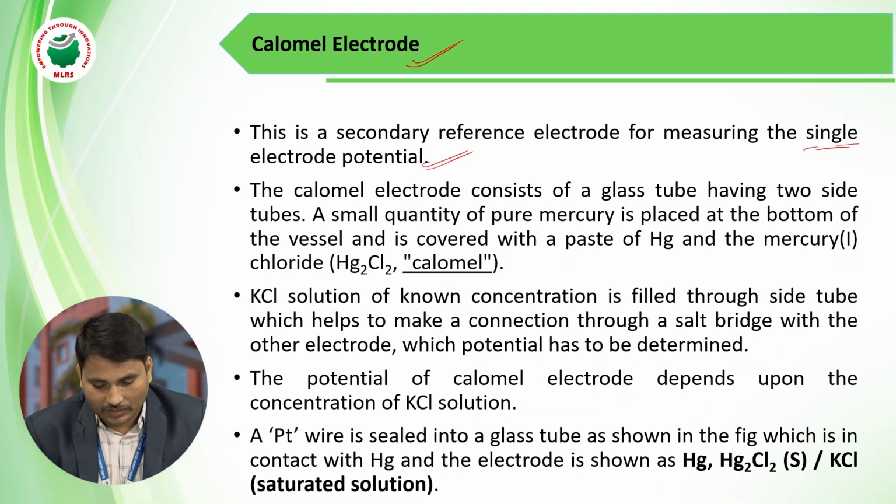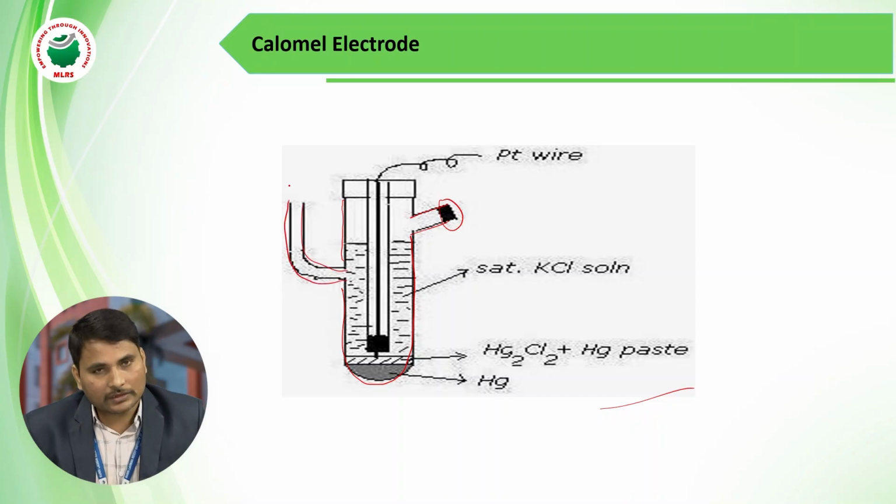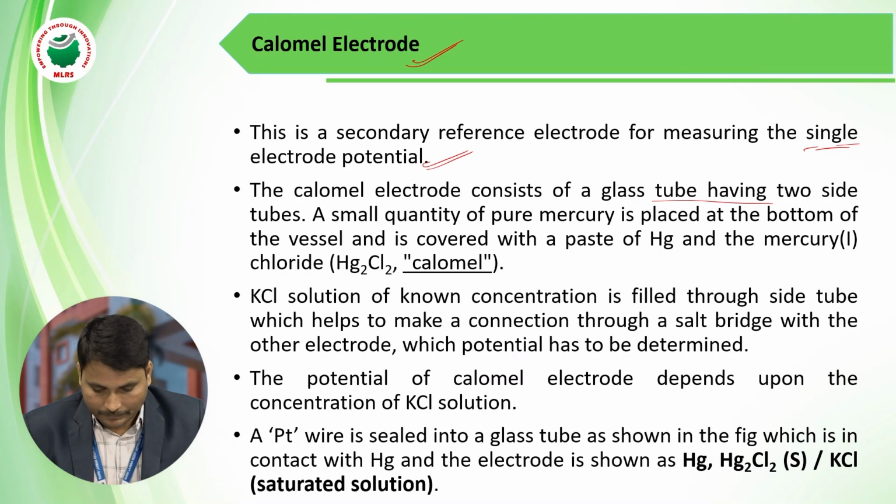The calomel electrode consists of a glass tube having two side tubes. Here you can see it looks like a glass electrode, and these are the two inlets or outlets we have in this.